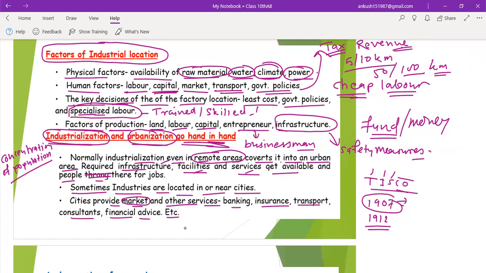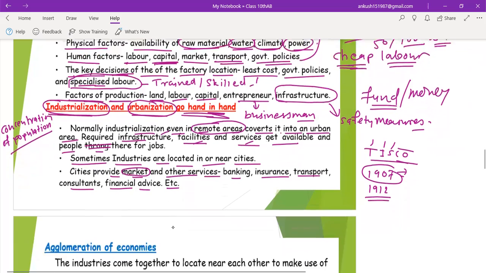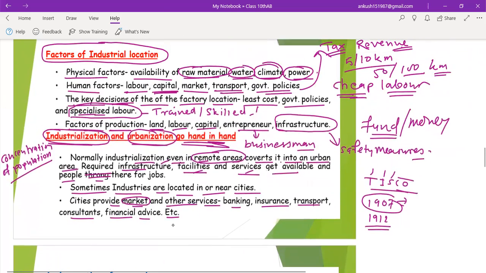That is why industries are sometimes set up near cities. And even skilled and trained labor, manpower, human resources are available to the industry. Did you get the point? Yes, sir.